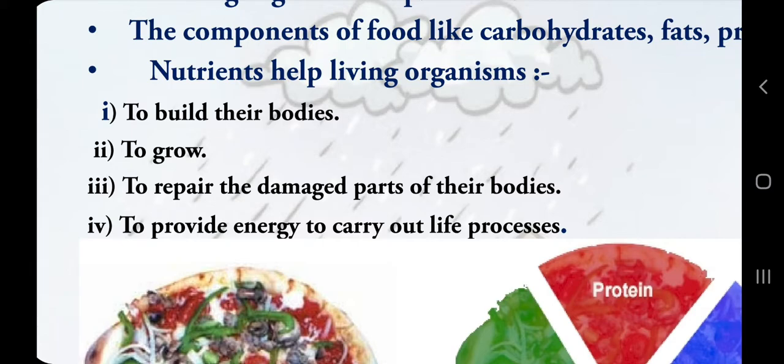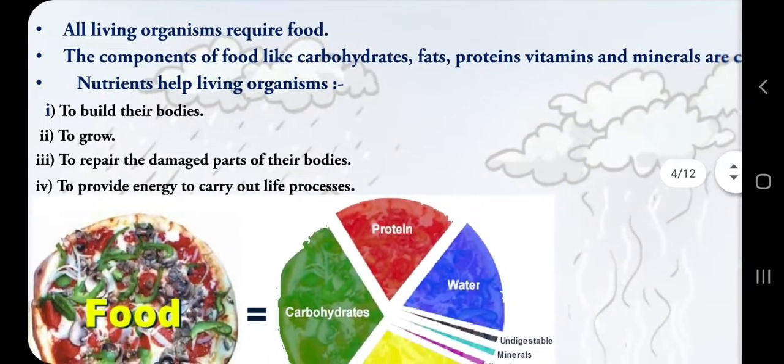Or if we are healing ourselves from any damage, then we are multiplying cells to heal ourselves. And if we are getting energy from food, then it means that our cells are capturing that food and burning that food to provide energy. So every process in the living world can be traced within the cells.